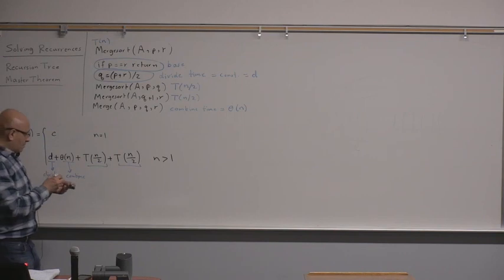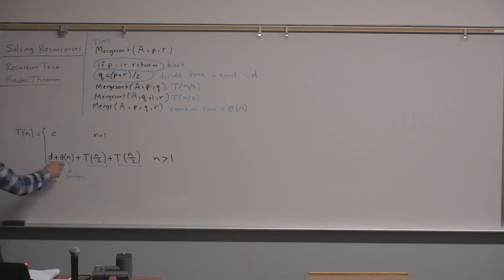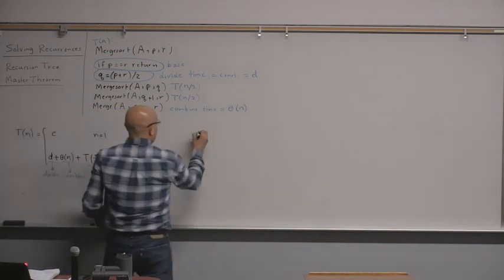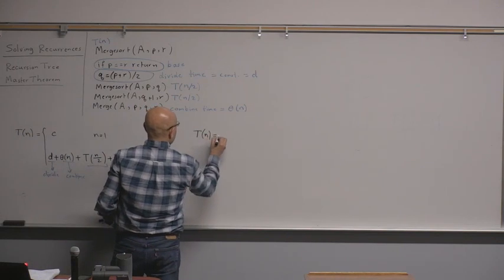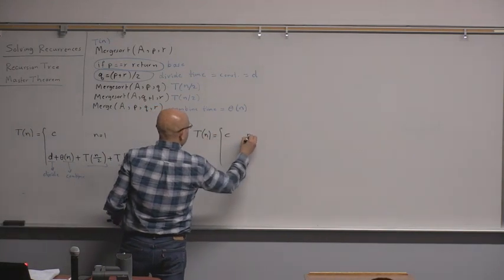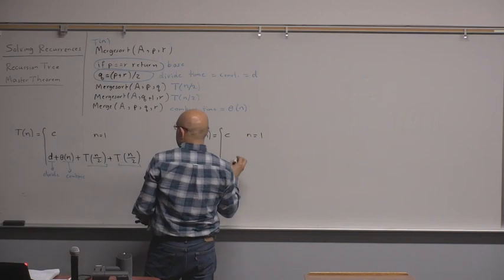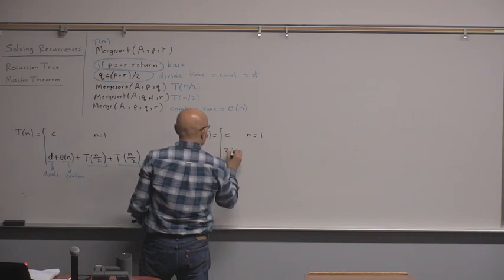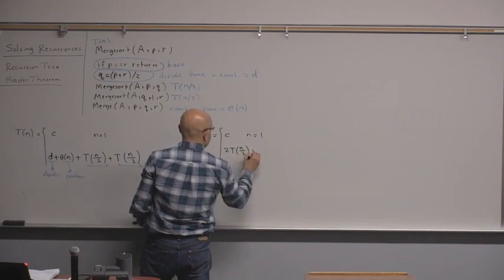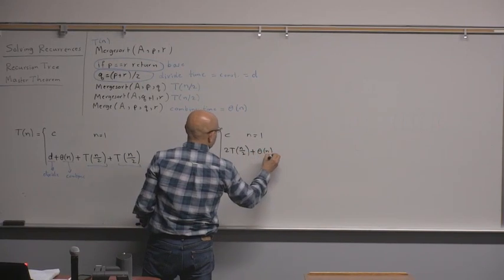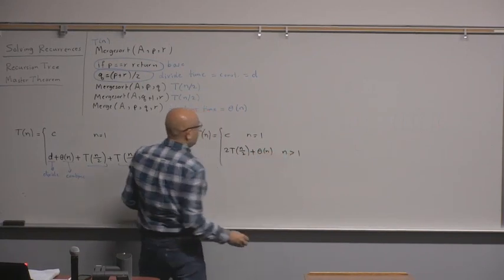Okay, so now, because this is constant and this is theta of n, what's theta of n plus constant? Theta of n. So this is a lower order term, so it will get neglected relative to theta of n. This means that the formula is T of n equals C if n equals 1, and it's 2T of n over 2 plus theta of n if n is greater than 1.